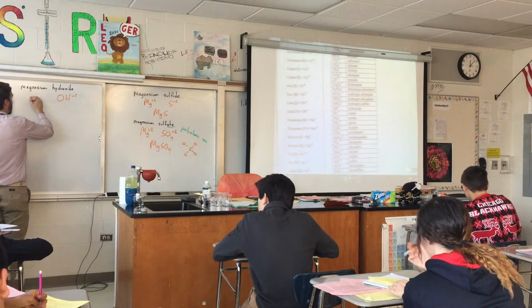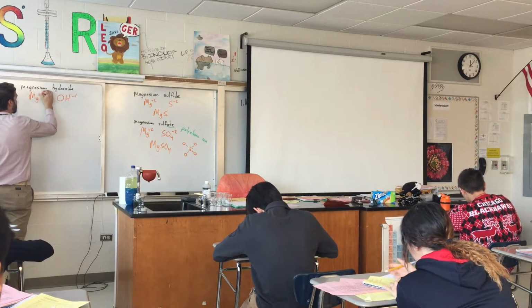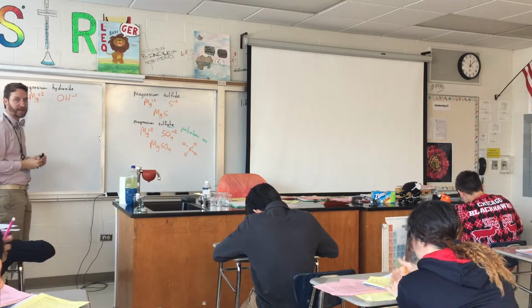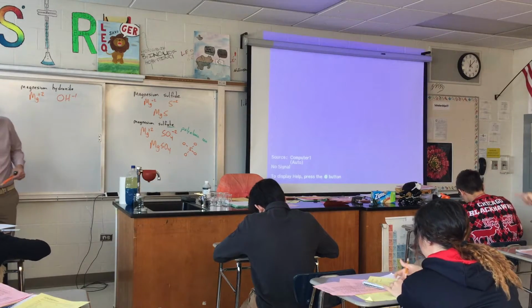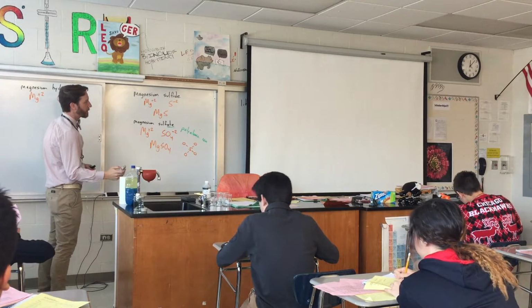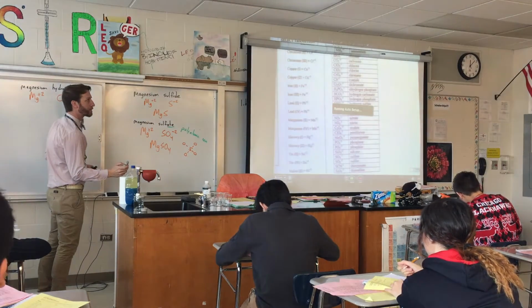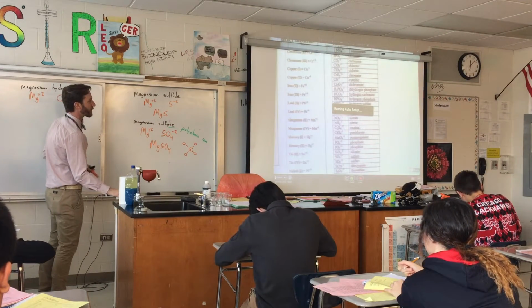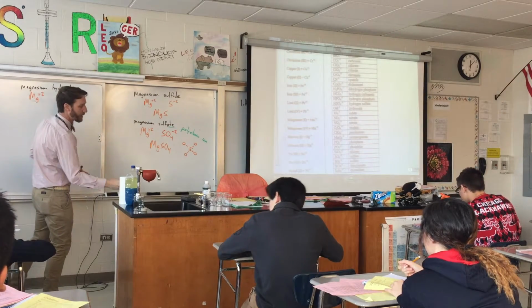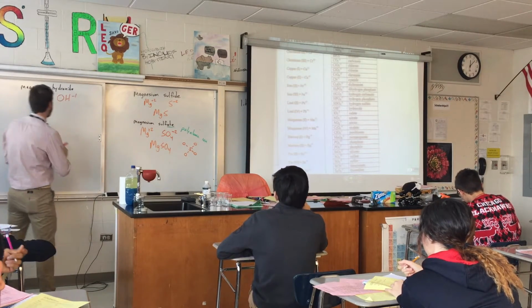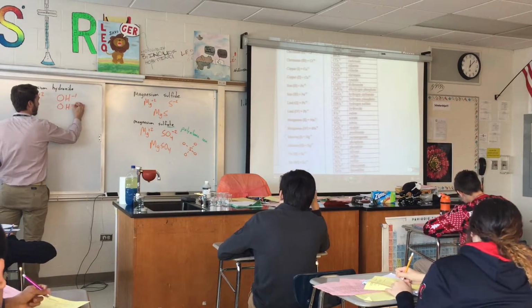What's magnesium? Mg+2. Are these charges balanced? No. You're going to need one more of the hydroxides, one more of the OH ions, so that we can balance the charge. MgOH2.